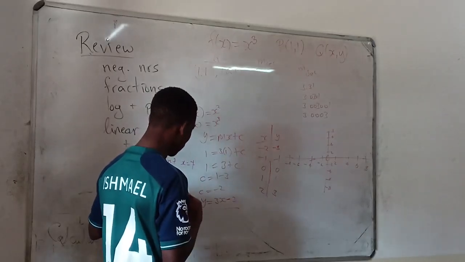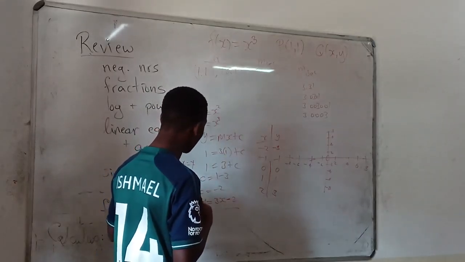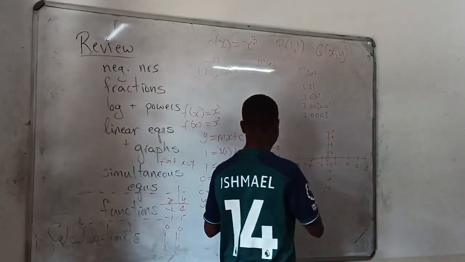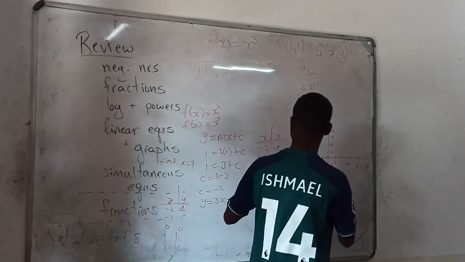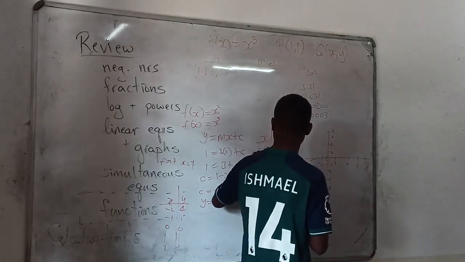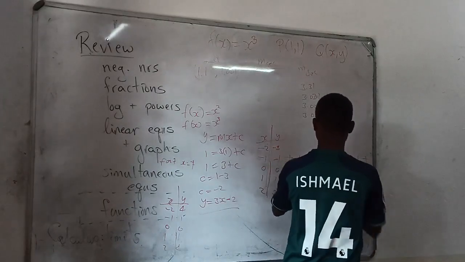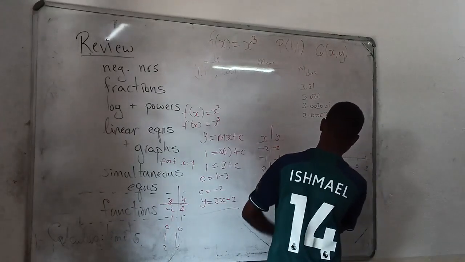For this one, let's try to draw a graph. X negative 2, y negative 8.